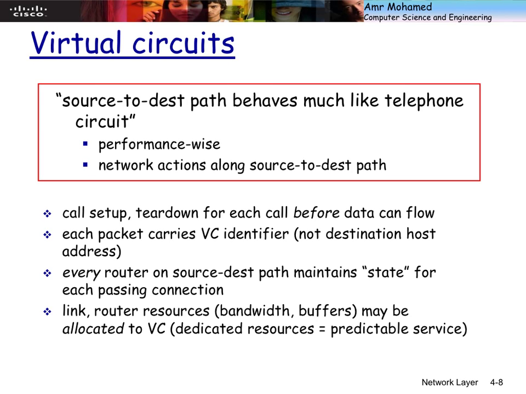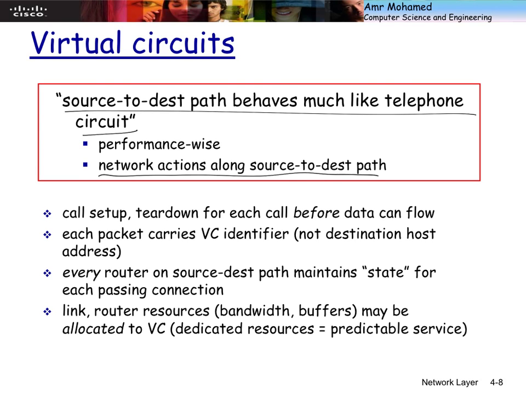So the source to destination path behaves much like a telephone circuit. That's what we talked about here. Network actions are analogous to the source to destination path. In the telephone network, all the switches have to commit and establish these virtual circuits across all the switches all the way to the other host.